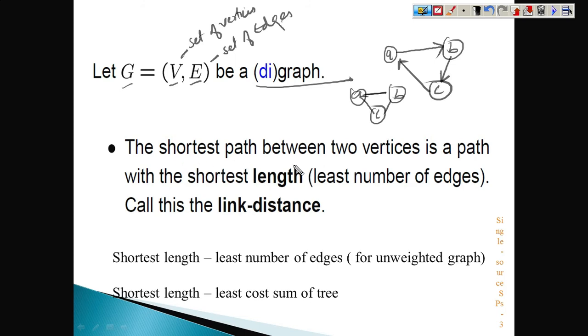The shortest path between two vertices is a path with the shortest length. So when we look at the graph, and if we want to move from one vertex to any other vertex, there may be many different possibilities available. For example, let me make one graph.